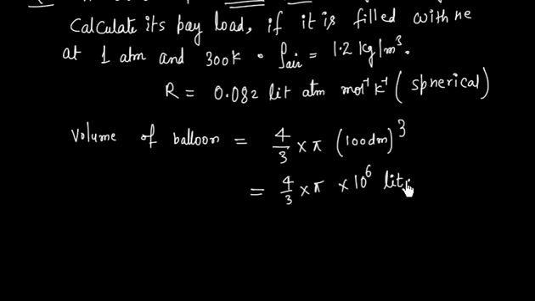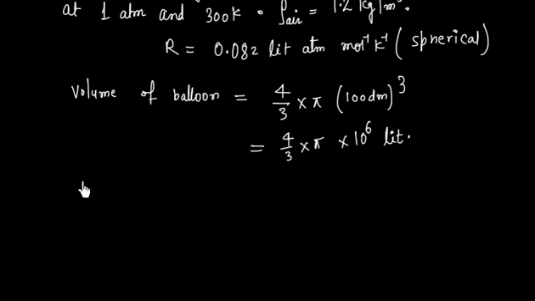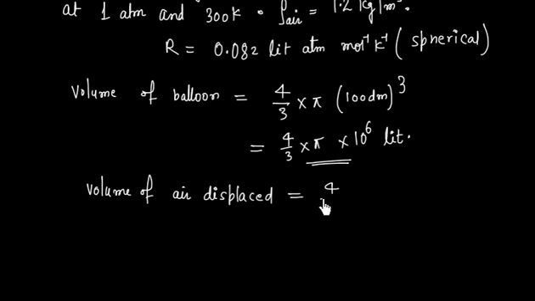Now once I know the volume of the balloon, we can calculate the mass of air, as the same volume of air is displaced. So the volume of air displaced is the same, that is 4 by 3 into pi into 10 to the power 6 liter.